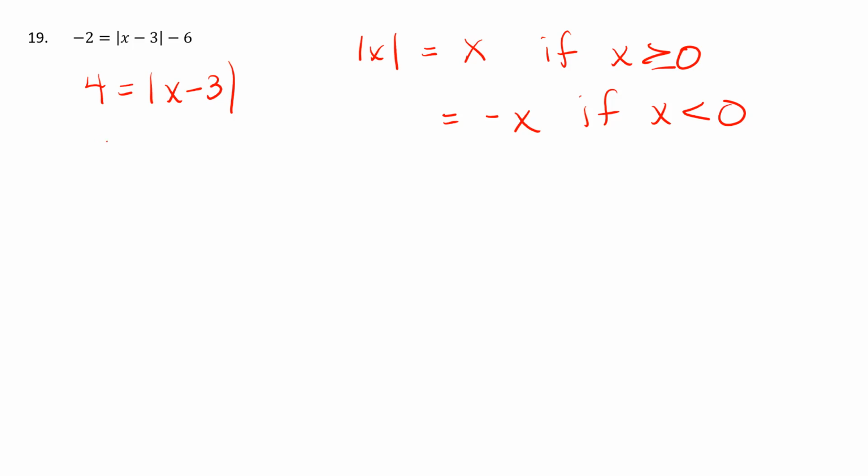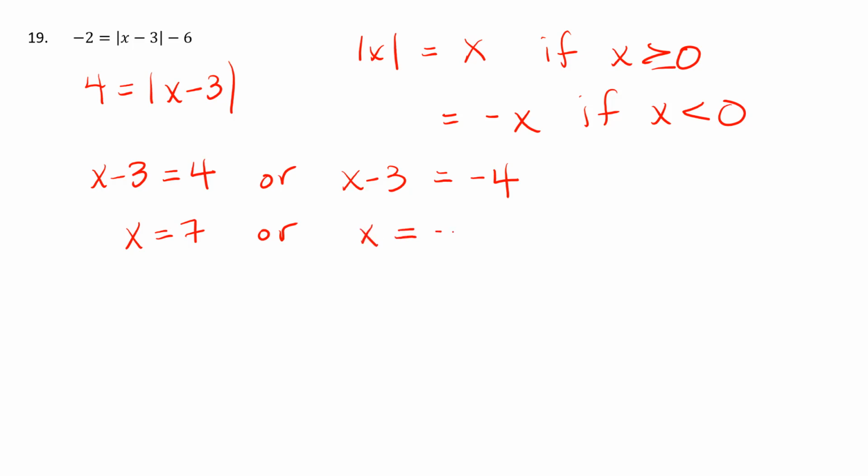Well, then either x minus 3 is equal to 4, or, on the other hand, it could be equal to negative 4, because 4 has an absolute value of 4, and negative 4 has an absolute value of 4. So it could be either one. Now I just solve. x equals 7, or x equals negative 1.